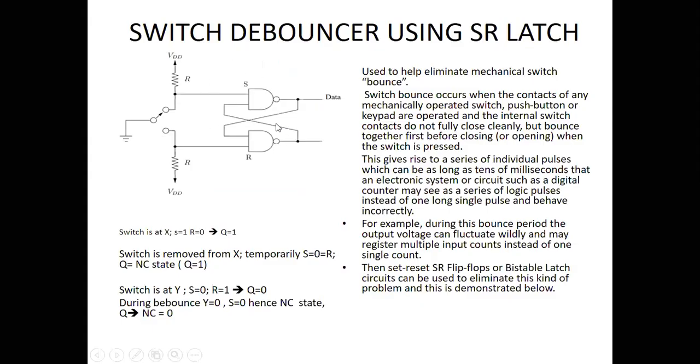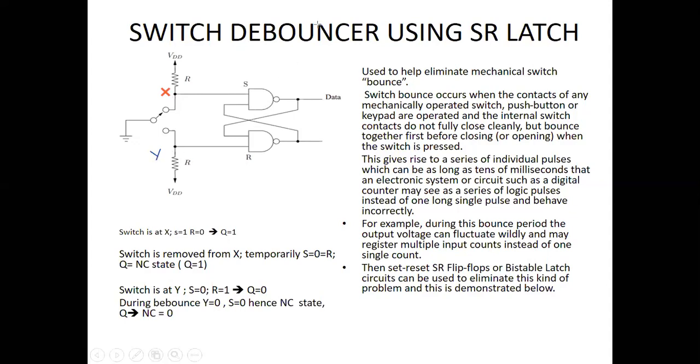Now here, let us assume that initially the switch is at S. So here this value, let me label this as X. Here I have X and this will be Y. So this point, let me take it as Y. Okay.